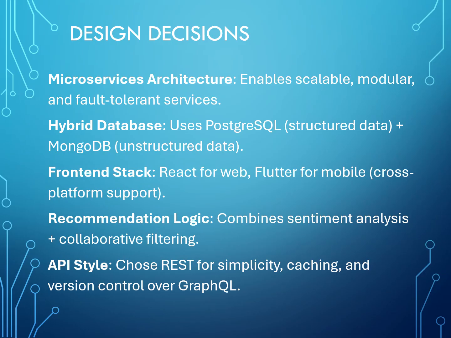The front-end stack uses React for the web application and Flutter for the mobile, which is cross-platform support. For recommendation logic, it combines sentiment analysis and collaborative filtering. The API style chooses REST for the simplicity and caching, and version control over GraphQL.